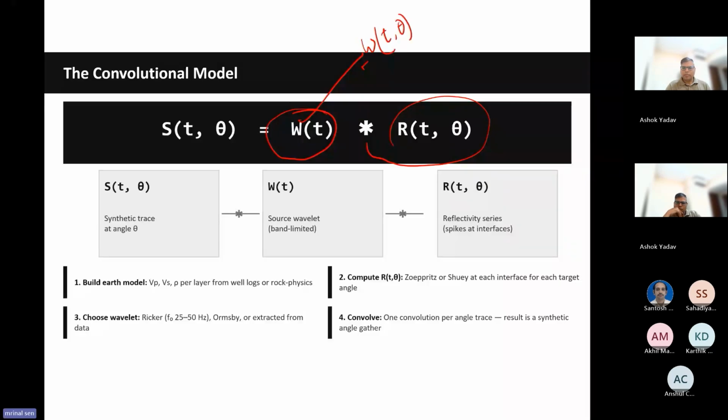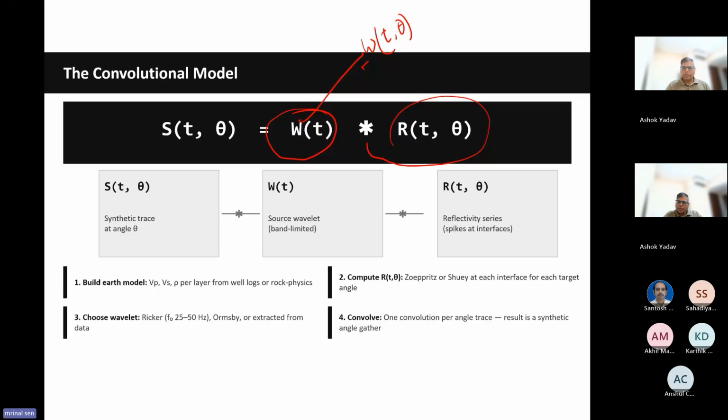I've heard different justifications about this, but one justification was that with angle our Q effect comes in, and typically if you just determine a statistical wavelet from angle stacks, you will see that the wavelet becomes broader and broader, missing high frequencies. And so is it really a Q effect?